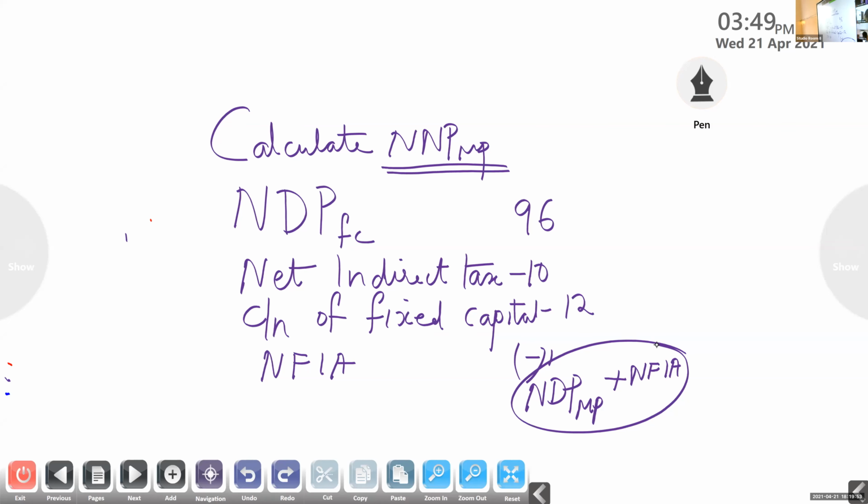Now in this you don't know what is NDP-MP. They have given NDP-FC here. From this, how can we come to NDP-MP? Think.